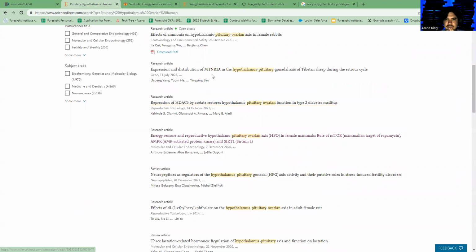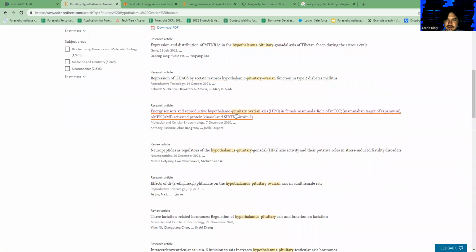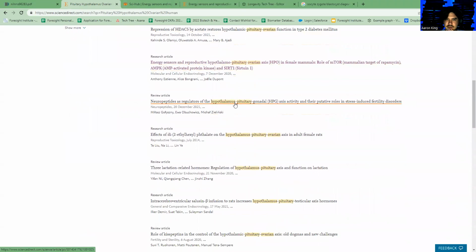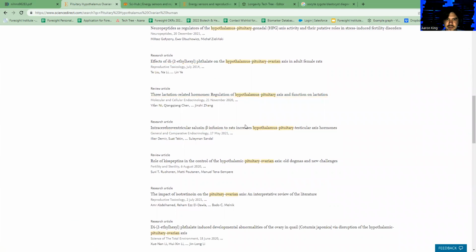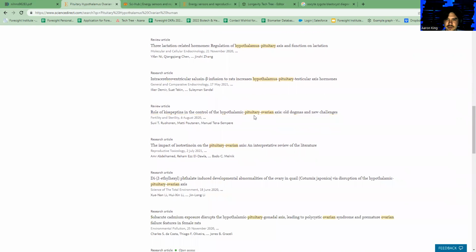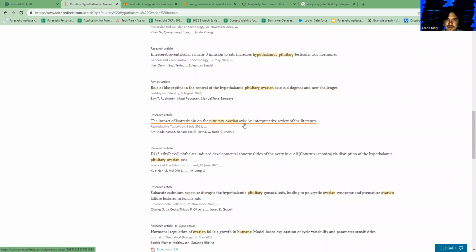So neuropeptides as regulators. Female rats. Don't care about rats. Don't care.